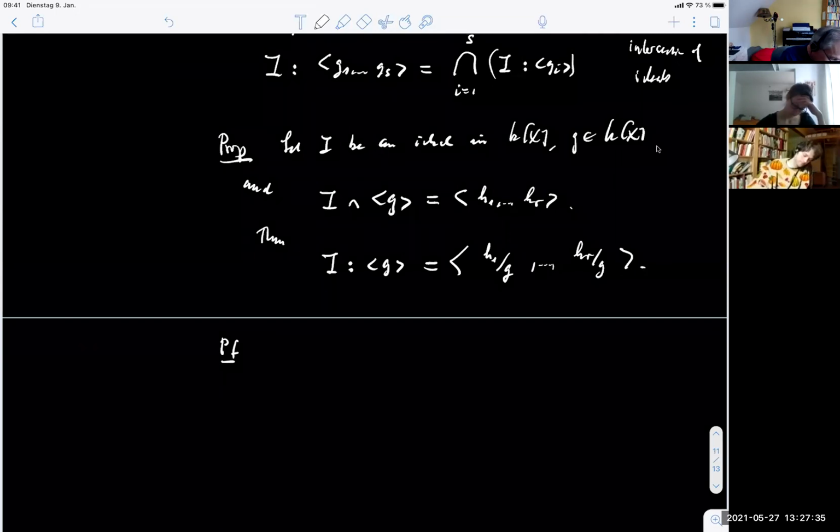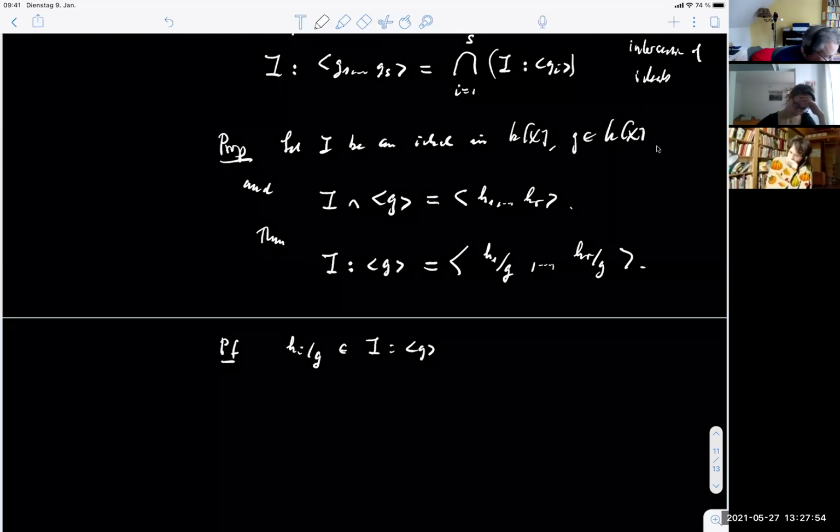First I note h_i divided by g is in I divided by g, because when I take h_i divided by g and multiply with g, I get h_i, and this is in the ideal I. So this is clear.